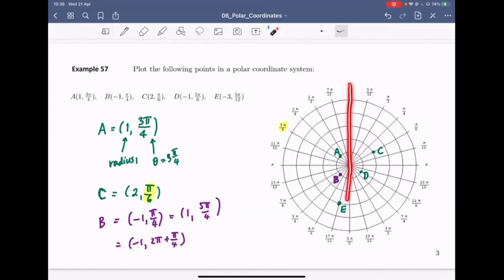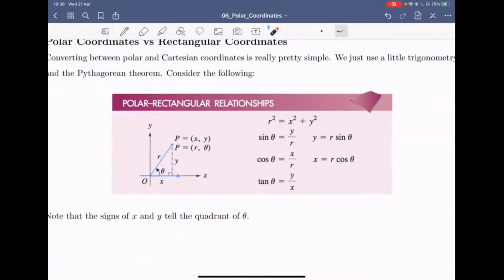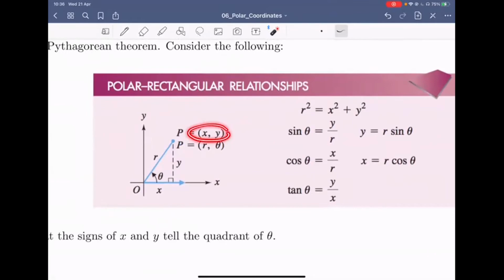If I put the y-axis here and the x-axis here, what is the coordinate here on the rectangular coordinates? So let's look at the relationship between them. In order to get the same point x, y, in rectangular coordinates.